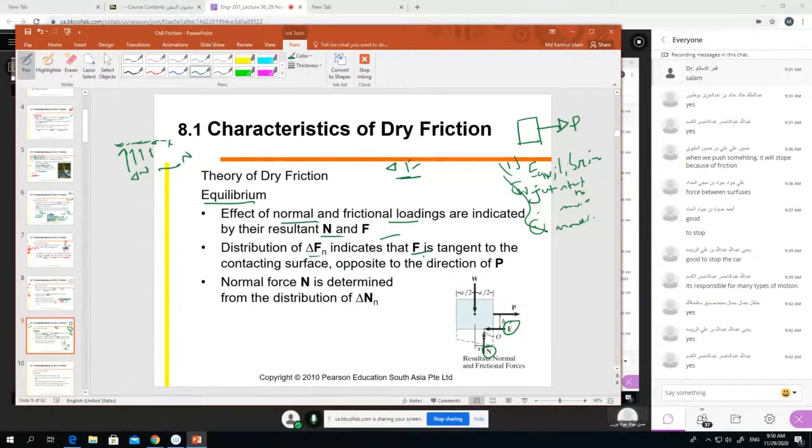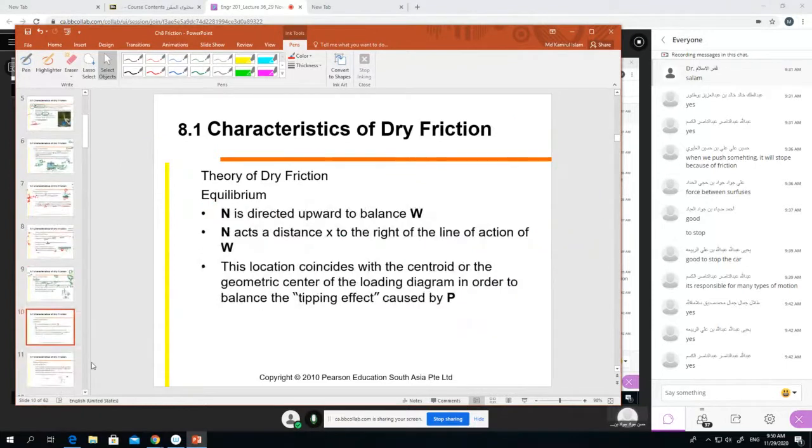If the surface is like this, F will work along the contacting surface. So the normal force is determined from here. We already know this.